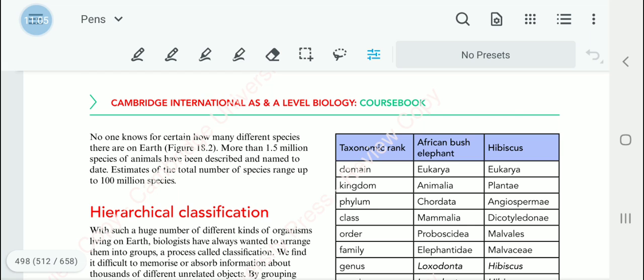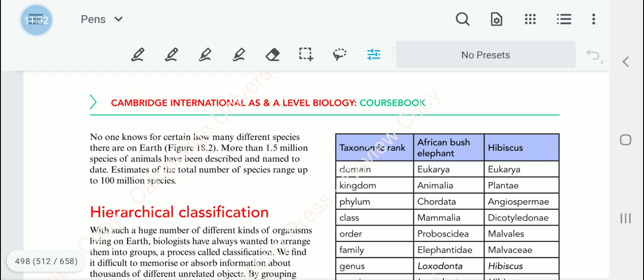So we have named 1.5 million species of animals, and about 98.5 million species are yet to be named.